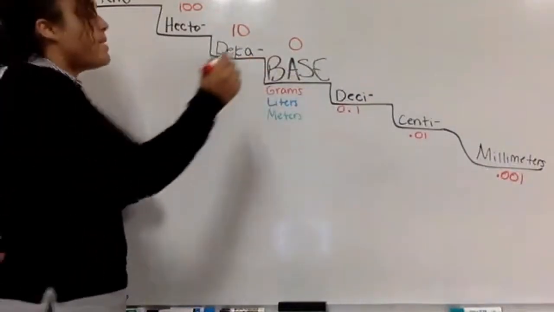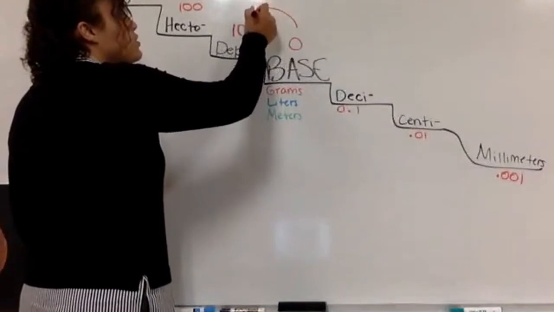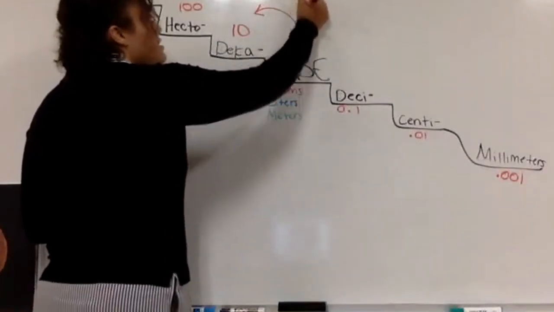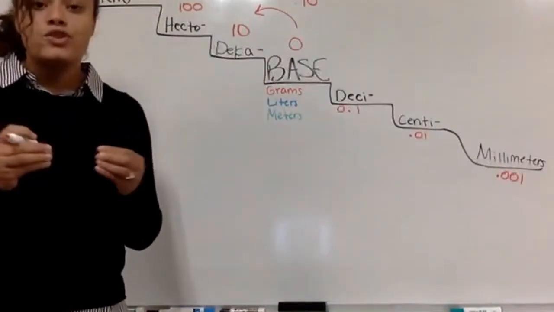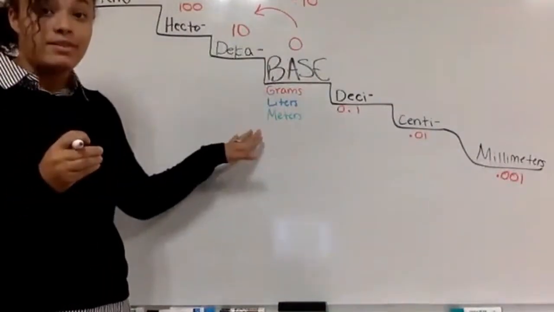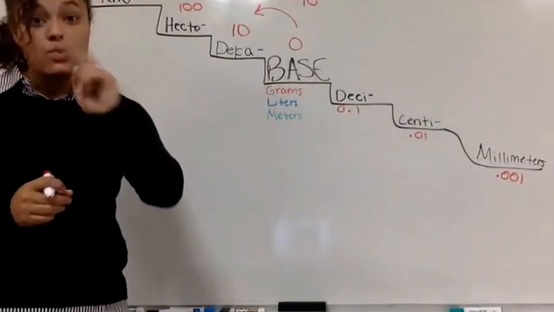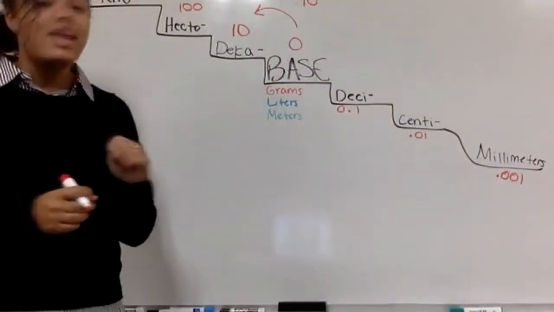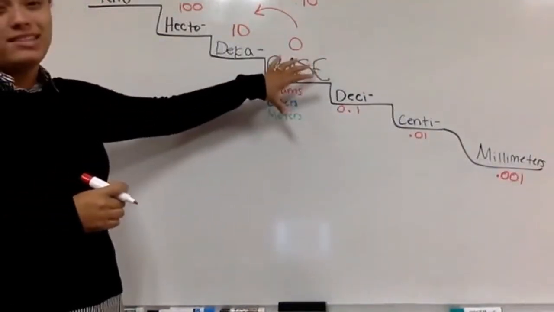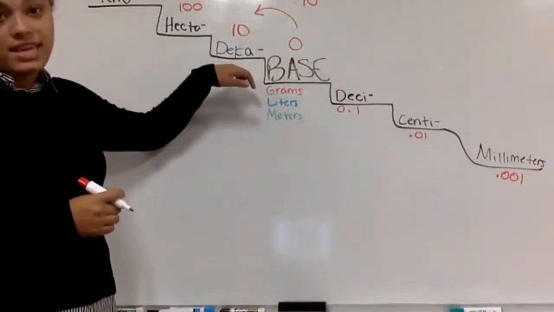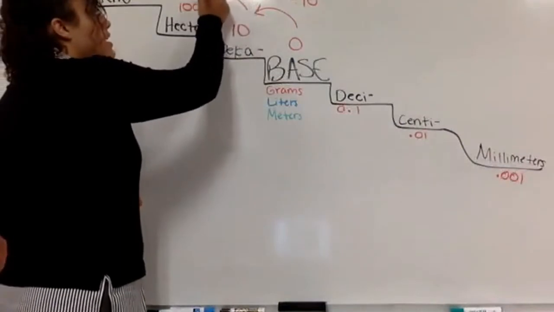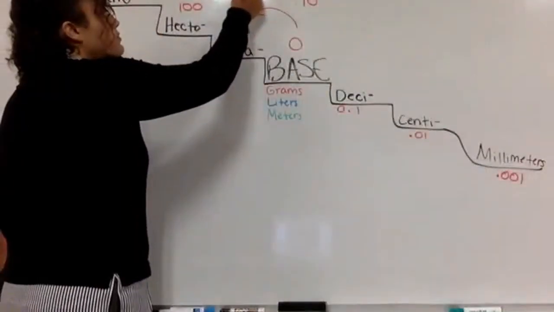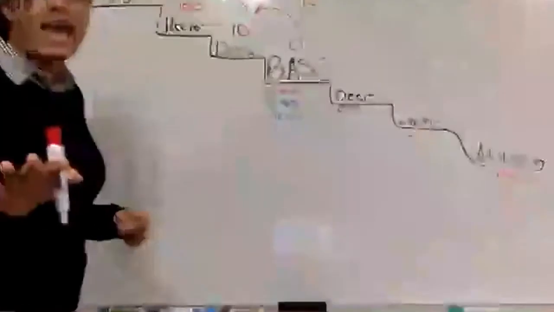So to move from the base to the deca, we're going to divide by 10. So for example, if I have 20 grams, I would have 2 decagrams. Do you see that? Because it takes 10 of my base to make up just one of these. And then as I go up again, I divide by another 10.